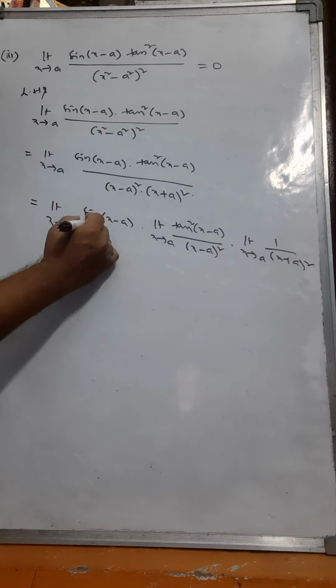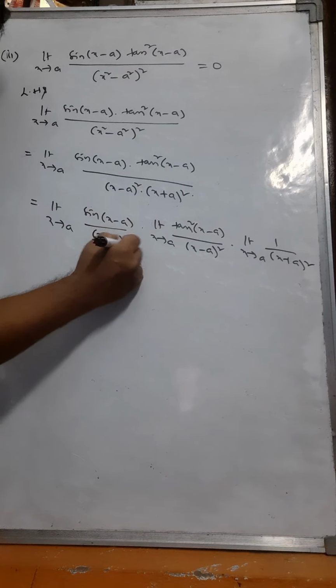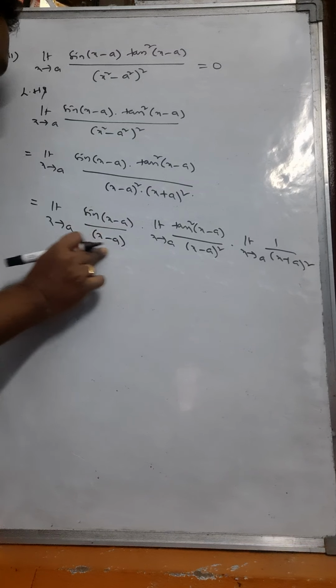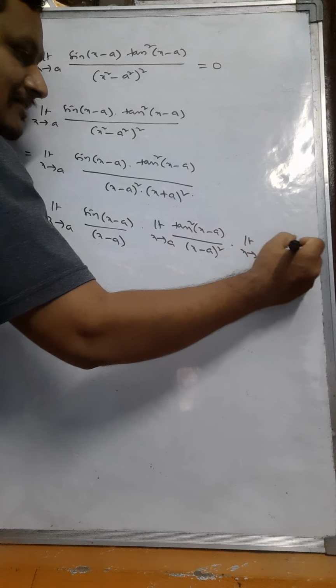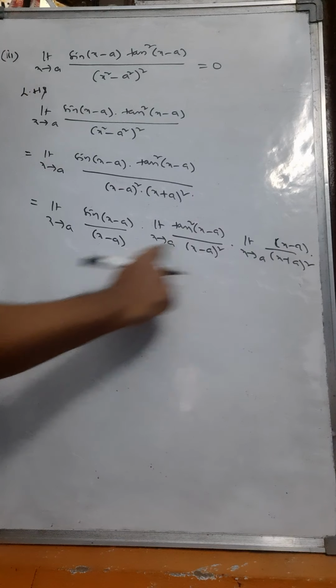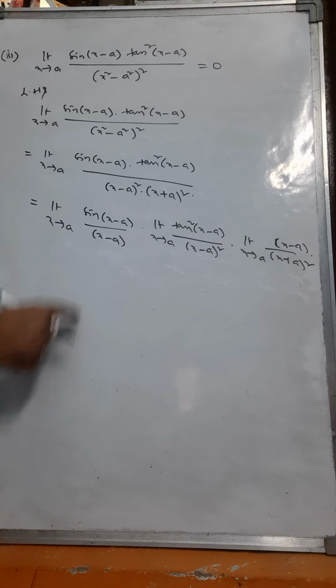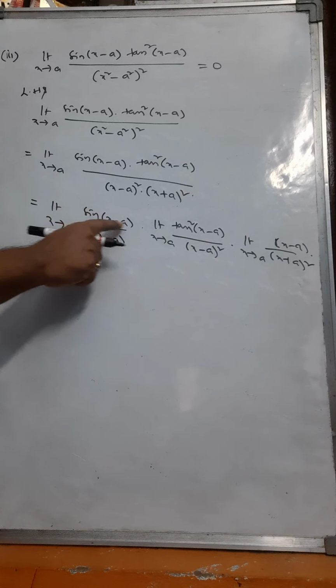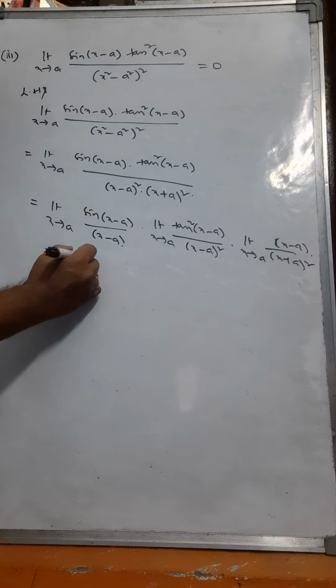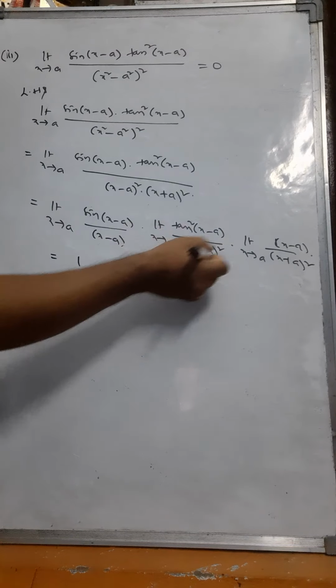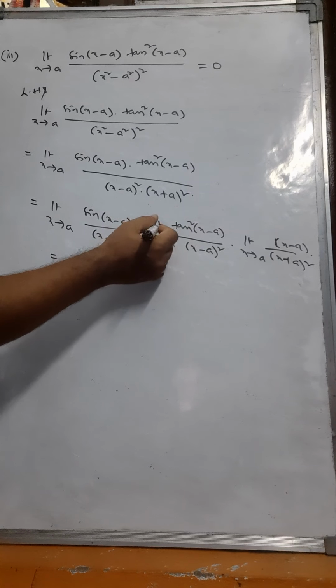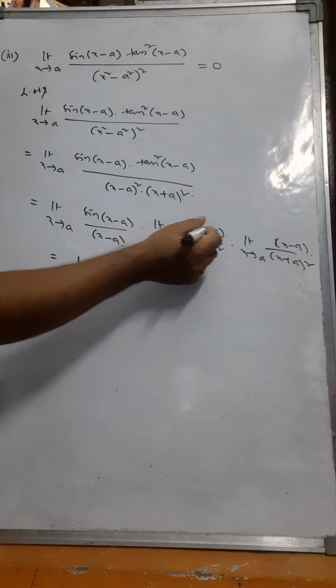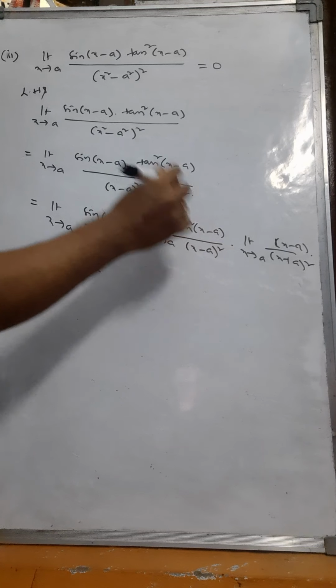So we need x minus a. We are dividing with x minus a and multiplying with x minus a, x minus a cancels. It is one of the formulas: limit x tends to a, sin(x minus a) by (x minus a). This is 1. And it is also one of the formulas, it can be written as limit x tends to a, (tan(x minus a) by (x minus a)) whole square.